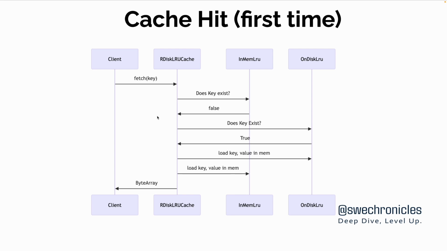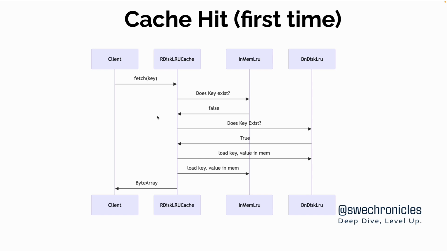This sequence illustrates the steps involved when a cache hit occurs in a DiskLRU cache for the first time. First, the client sends a request to fetch data with a specific key. We check the in-memory LRU cache to see if the key exists. The in-memory LRU responds to the request, indicating that the key does not exist.